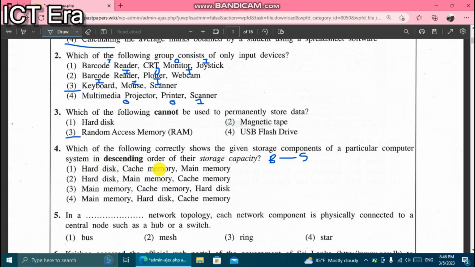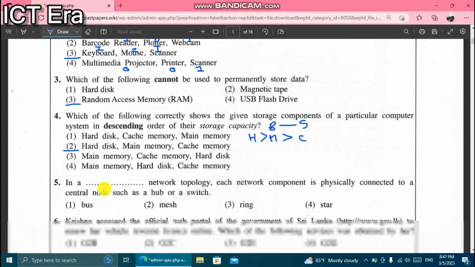When you consider these three components, hard disk has a high storage capacity than cache memory and main memory. Then from these two, main memory has a high storage capacity than cache memory. So this is the order. The second one also, hard disk, main memory, cache memory. Then second one is the answer.